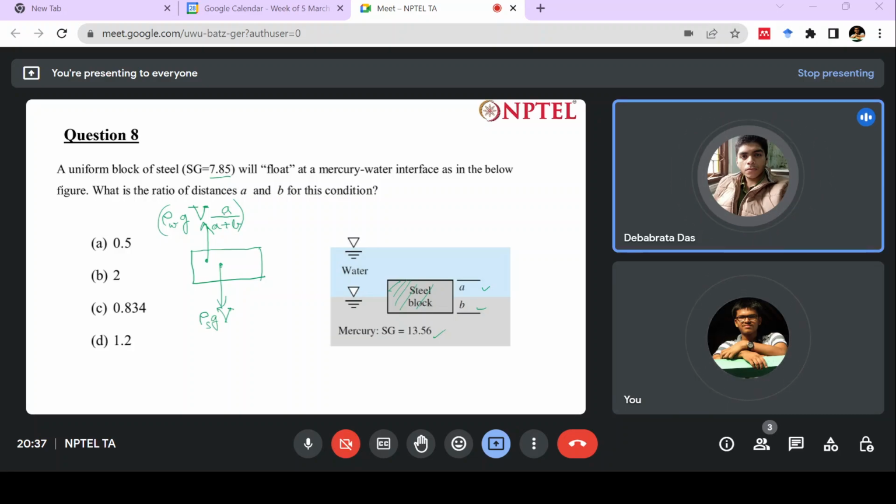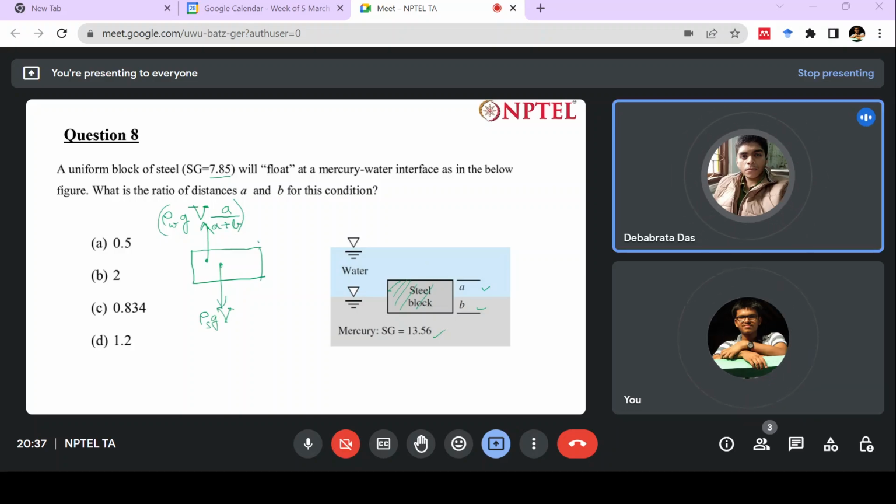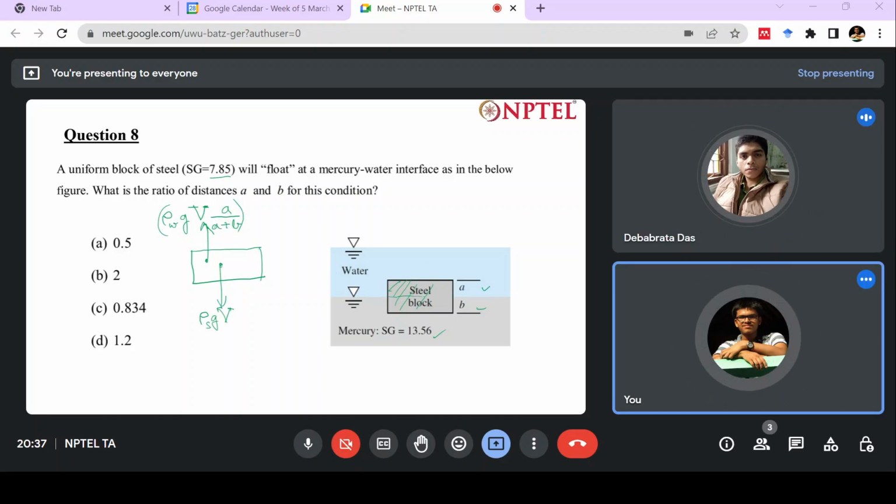Sir, why have we done A by A plus B? Because let's say the volume is capital V. What is the fraction which is inside water?